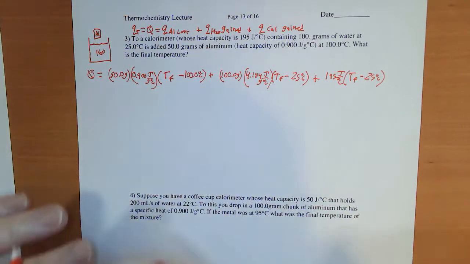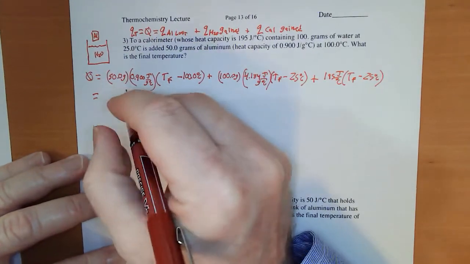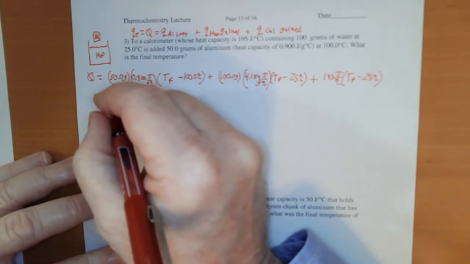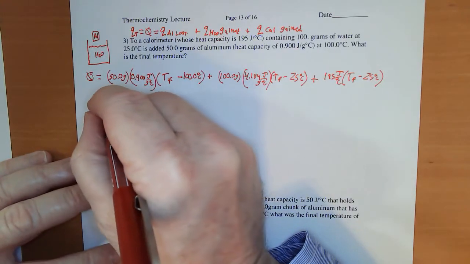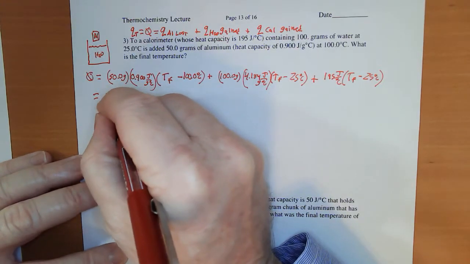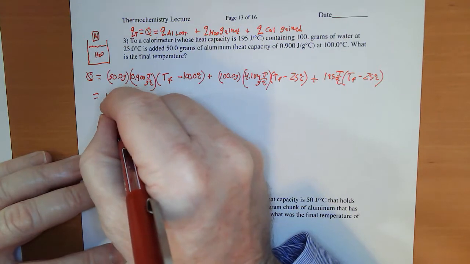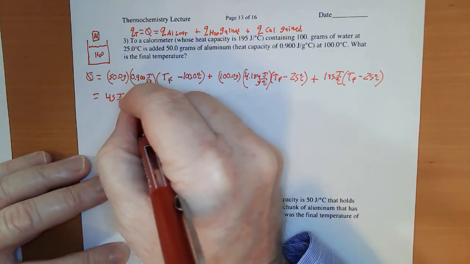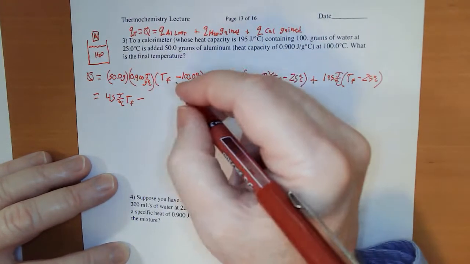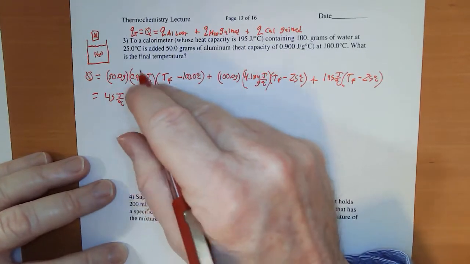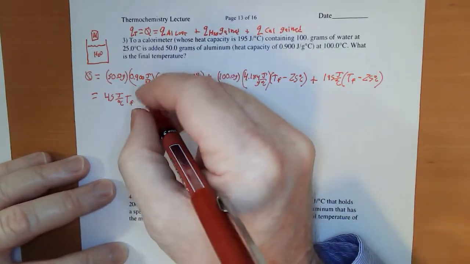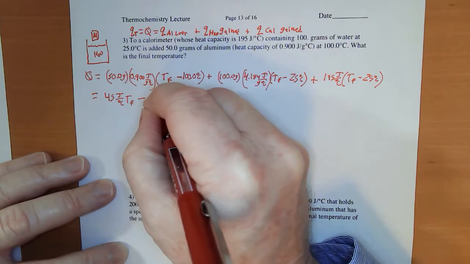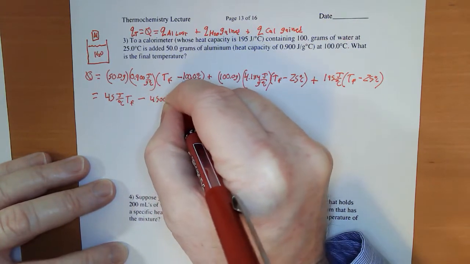Okay, so this times this times this is 45 joules per degree Celsius T final minus, and then when we do this next term, the degrees Celsius cancels out and we get 4,500 joules.